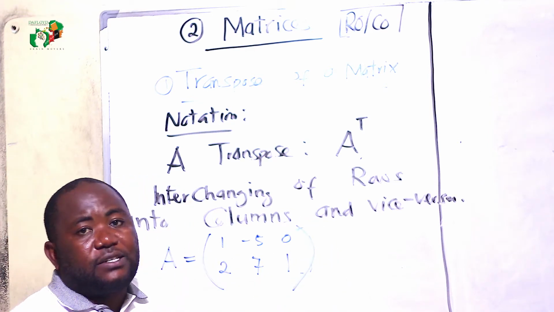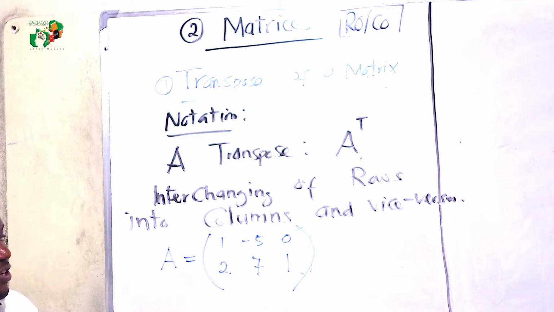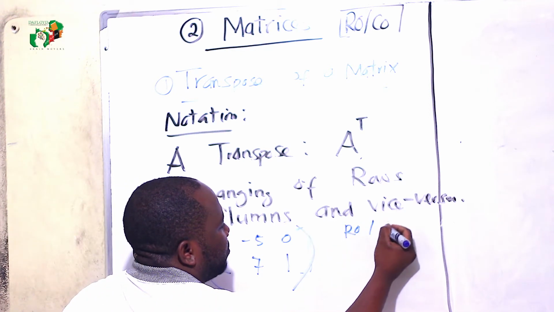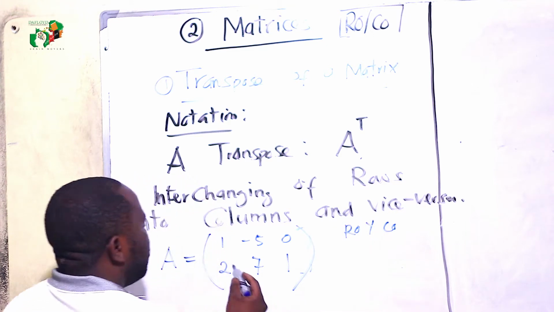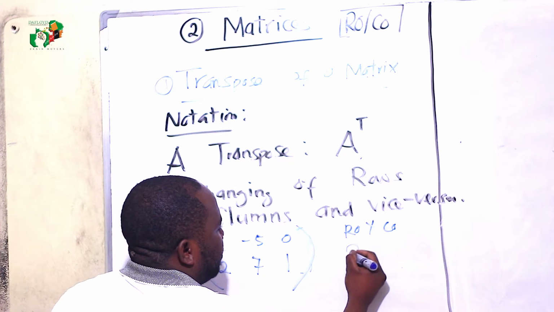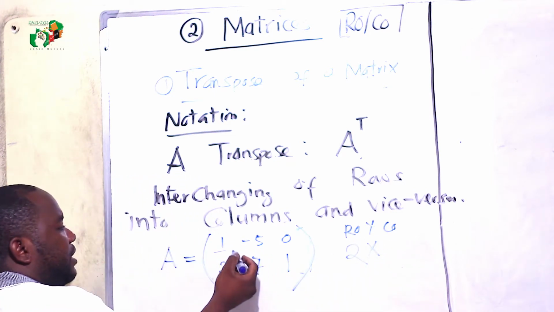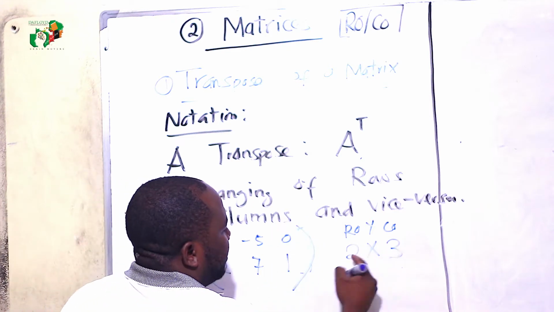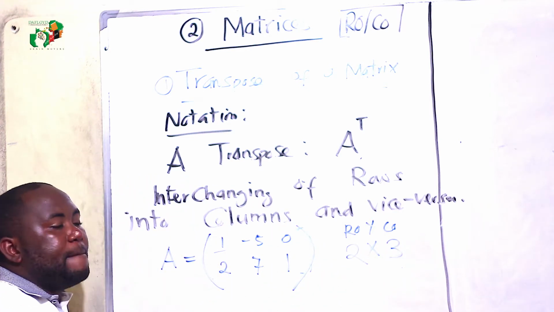So if we have this, we can ask, what's the order of this matrix from our previous class? Remember we said row by column. So how many rows do we have? 1, 2. So this is a 2 by how many columns? 1, 2, 3. So this is a 2 by 3 matrix.